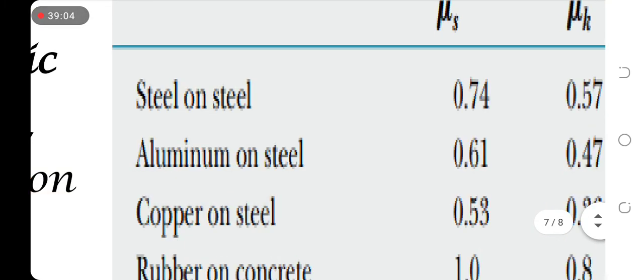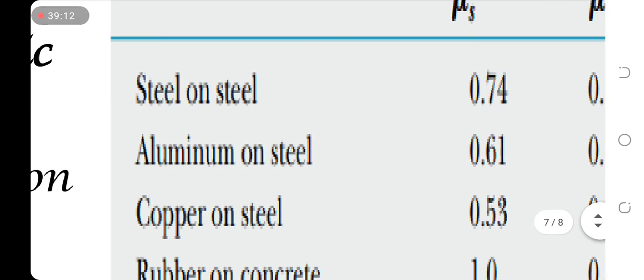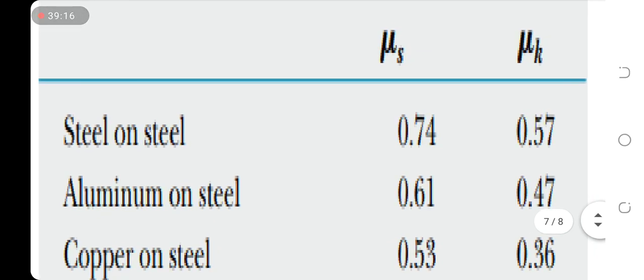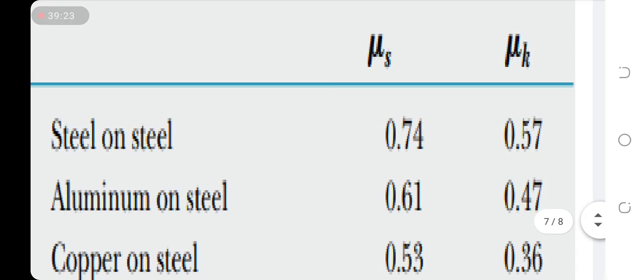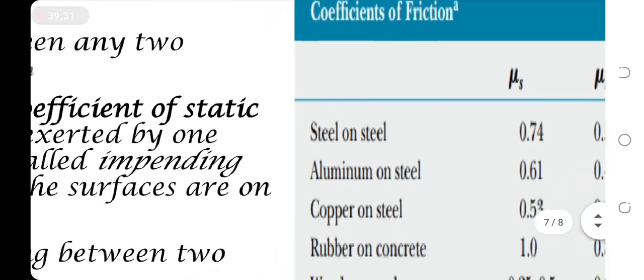As we have studied, mu s and mu k have no dimensions, no units. When steel moves on steel, static friction is 0.74, or 74% friction. Similarly, mu k is 0.057 and so on.